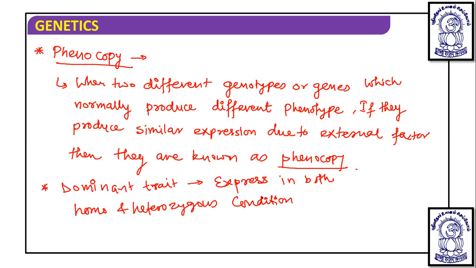If they express both in homo and heterozygous condition, then it is a dominant trait. If we take an example, capital T or capital T small t, both have the phenotype that is tall, means either in homozygous condition, that is capital T, or heterozygous capital T small t, the phenotype is going to be tall only, means tall is the dominant trait.